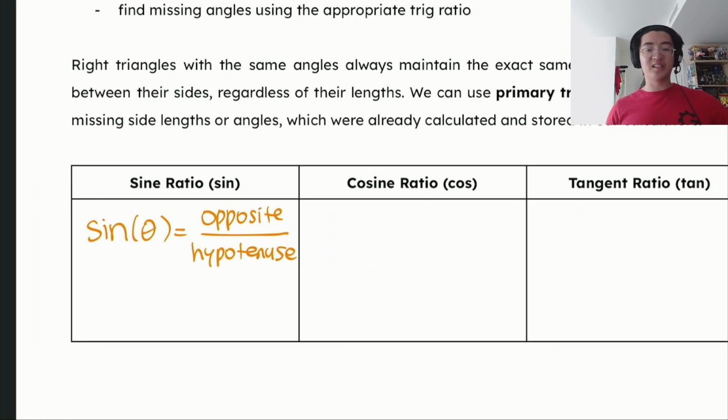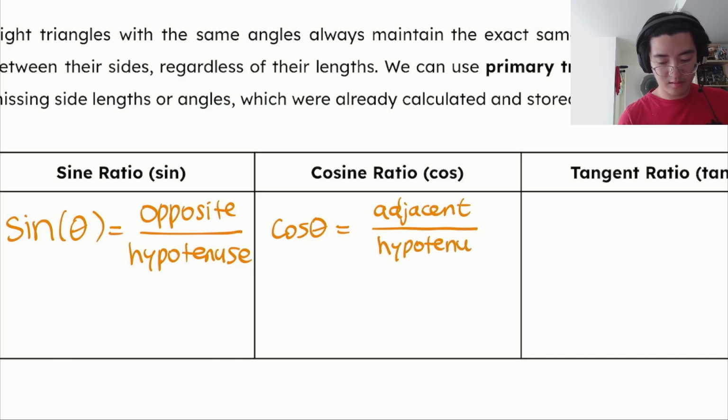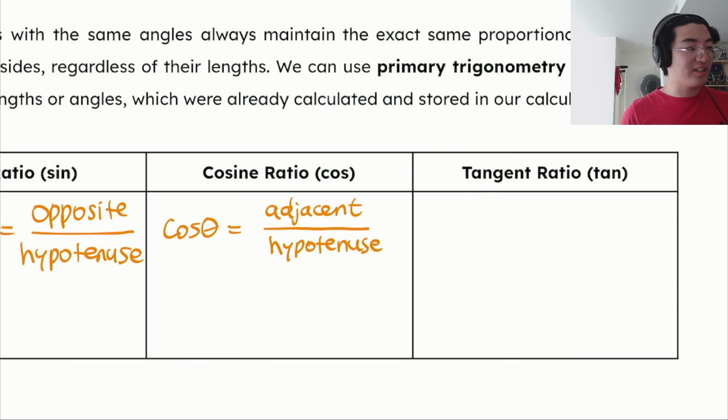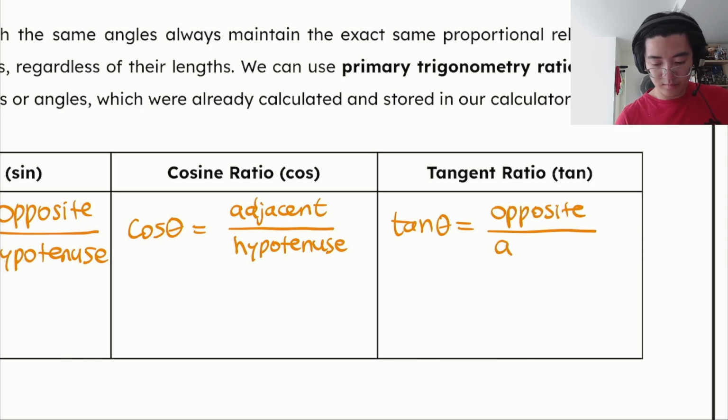They're useful in the ratios. With cosine, that refers to the adjacent over hypotenuse. And tangent, that's our last one. That's the opposite over the adjacent.